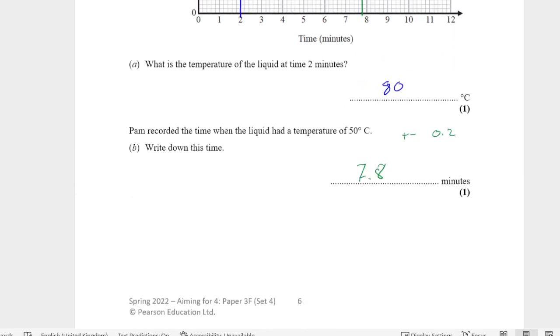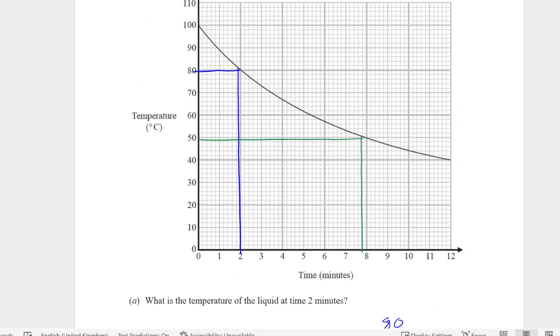Is Pam correct? So the temperature in the first 3 minutes drops from 100 to 74.